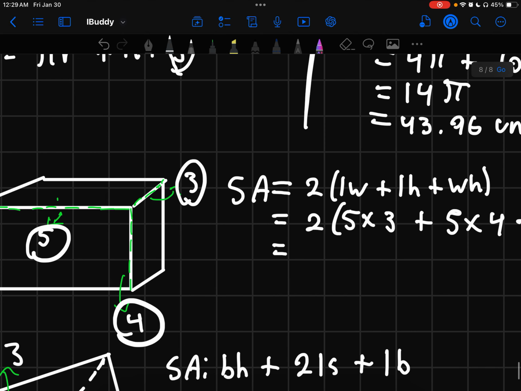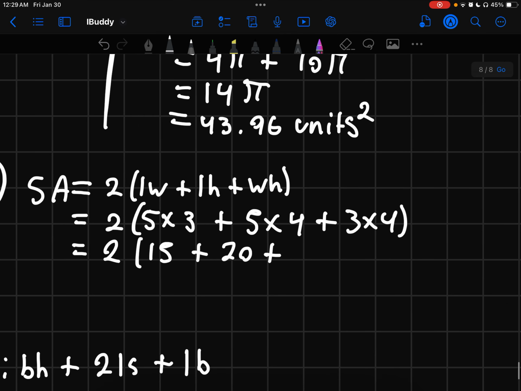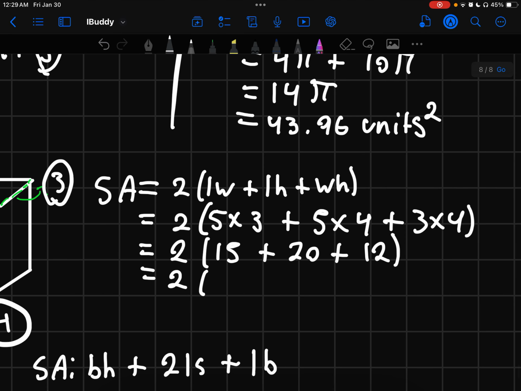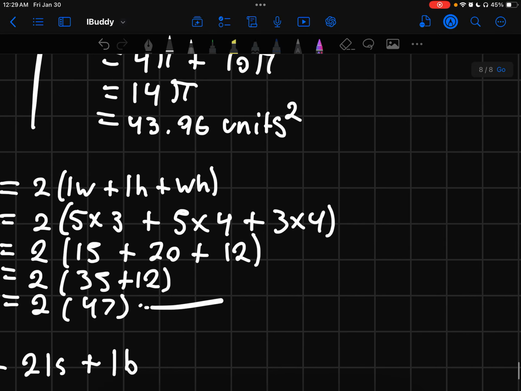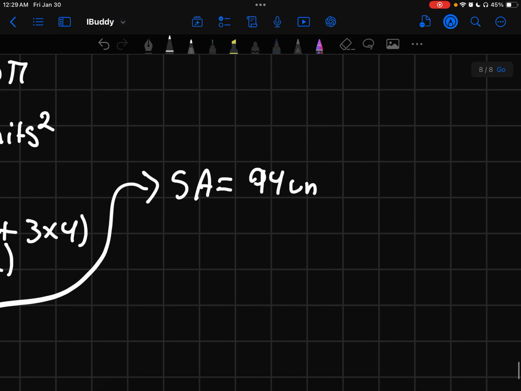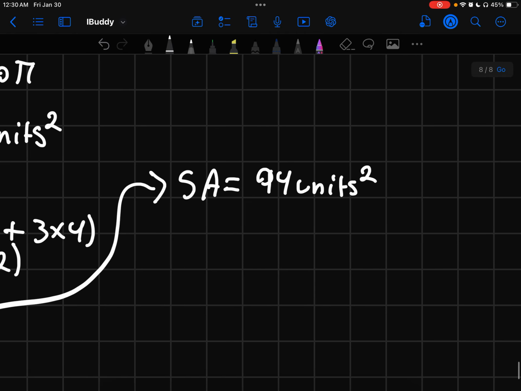So now we'll solve the bracket first. 15 plus 20 plus 12, 2 times 35, 35 plus 12, 2 times 47, and that means the surface area will be equal to 94 units squared. So 2 times 47 is 94 units squared.